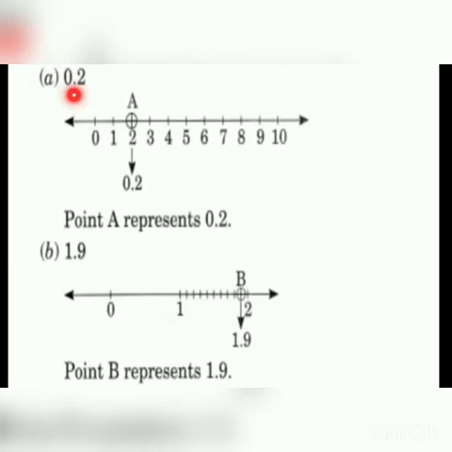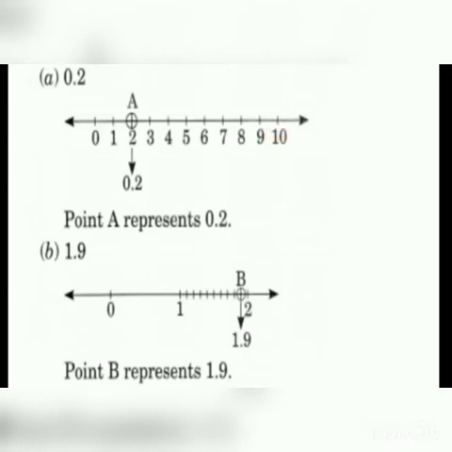That means 0.2 comes between 0 and 1. The distance between 0 and 1 is divided into 10 equal parts. Each part will be 0.1, 0.2, 0.3, etc.